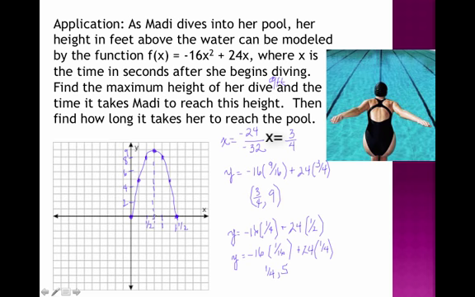Well, that's the x value of that vertex, or 3/4. Time was in seconds, so 3/4 of a second was how long it took her to reach that height. And then how long does it take her to reach the pool? Well, I've come back to 0 here at 1.5 seconds. So it is 1.5 seconds for her to reach the pool.